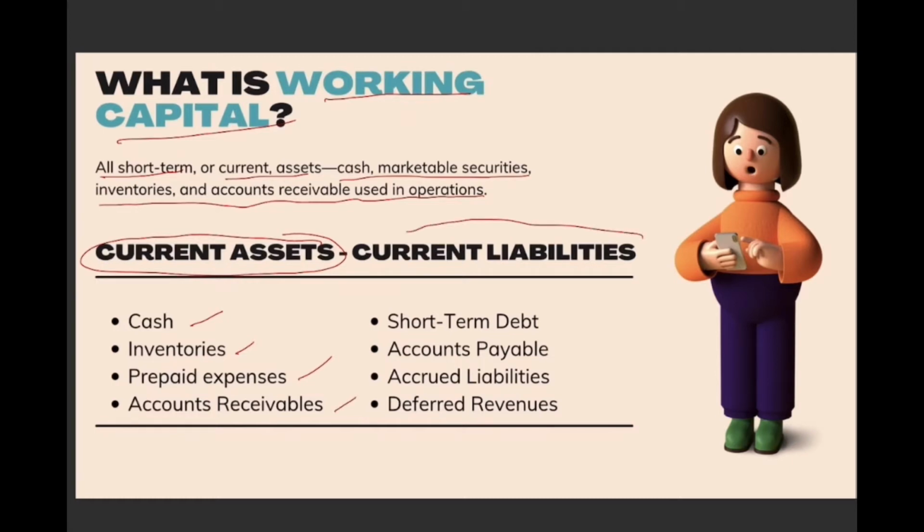On the other hand, current liabilities are short term debt, accounts payable, accrued liabilities, and deferred revenues. So, if you combine this, current assets minus current liabilities, this is what we call the net working capital, or simply the difference between the current assets and your current liabilities.